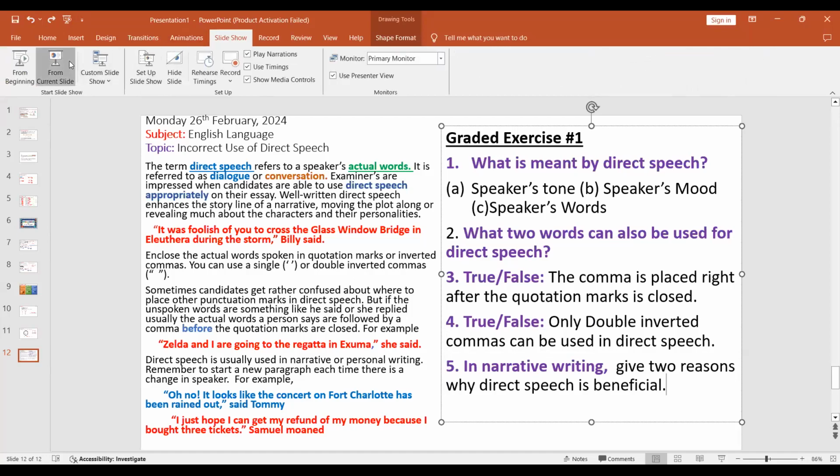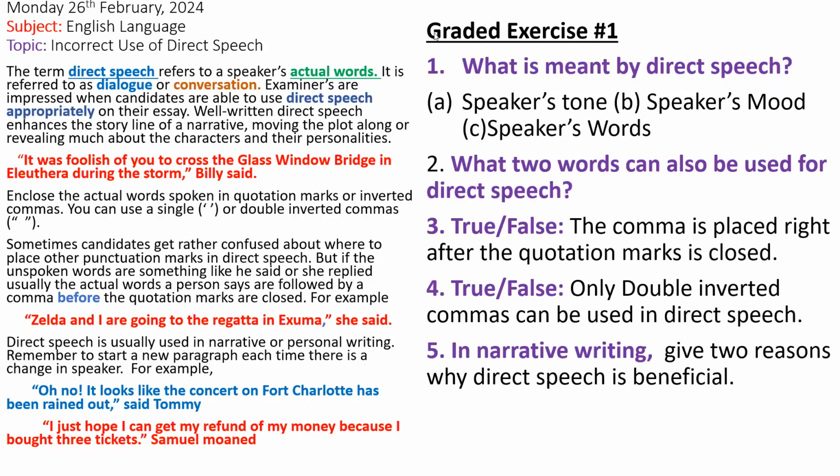Okay, good. Mr. Petit, I have a question. Go ahead. For number one, do we underline the answer or do we circle it? Circle it. It's a good question. Okay, thank you. The questions are: what is meant by direct speech?